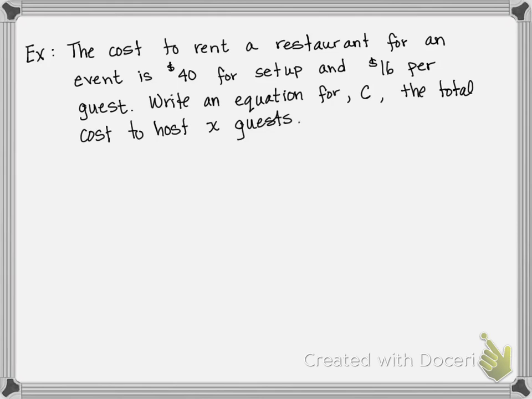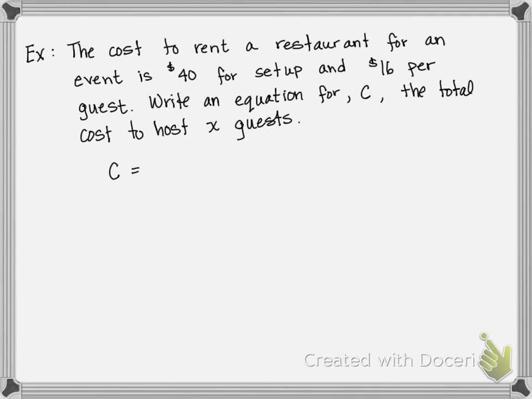So my total cost we're calling C. How would you calculate your total cost? What do you have to pay for here? You have one setup and then however many guests.